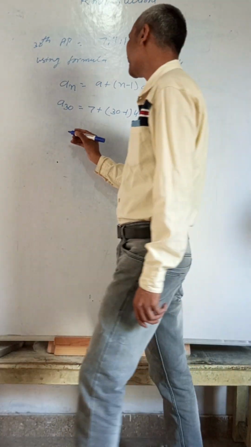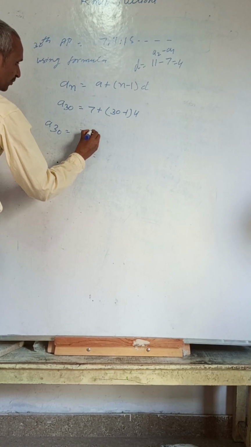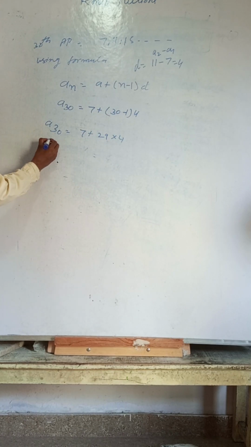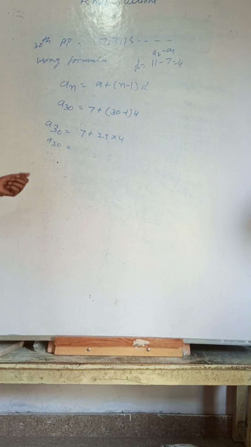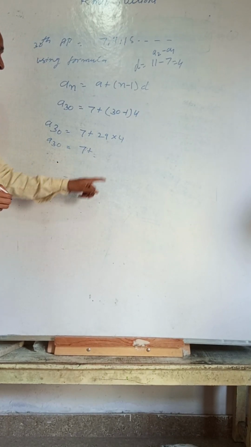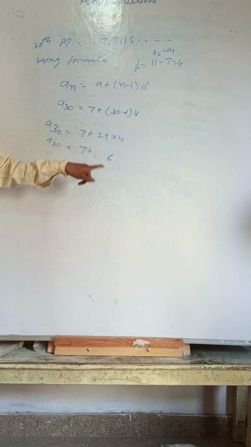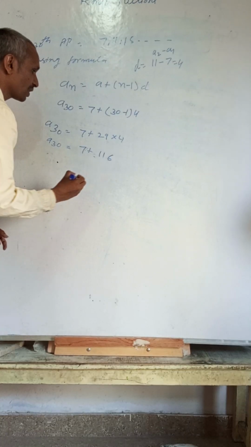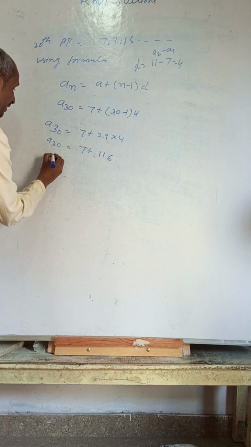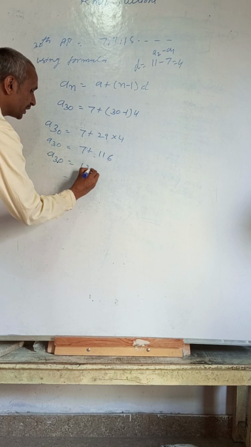So a30 is equal to 7 plus (30 minus 1), which is 29, into 4. 4 nines are 36, 4 twos are 8 plus 3 is 11, so 116. 116 plus 7 is equal to 123.